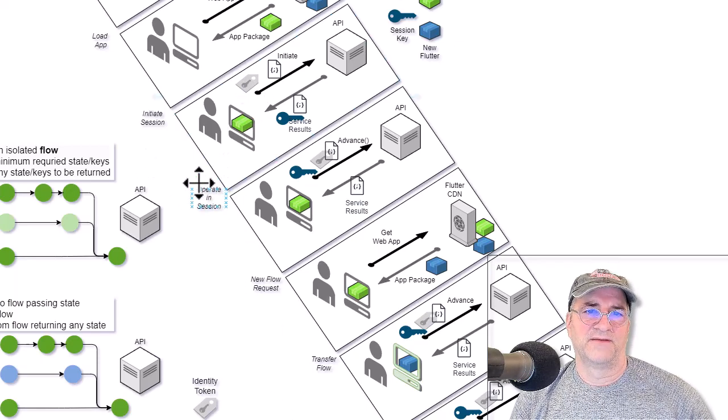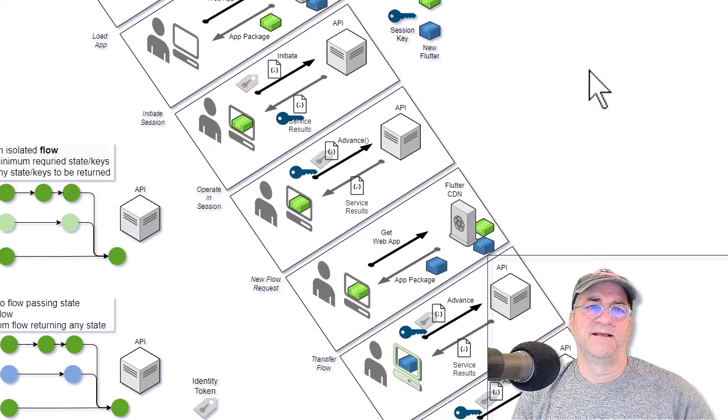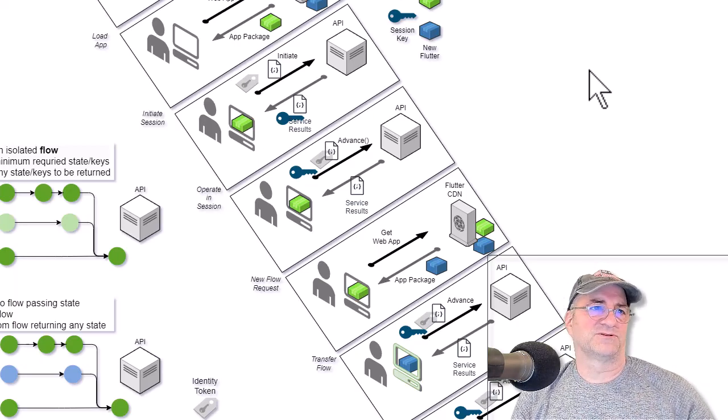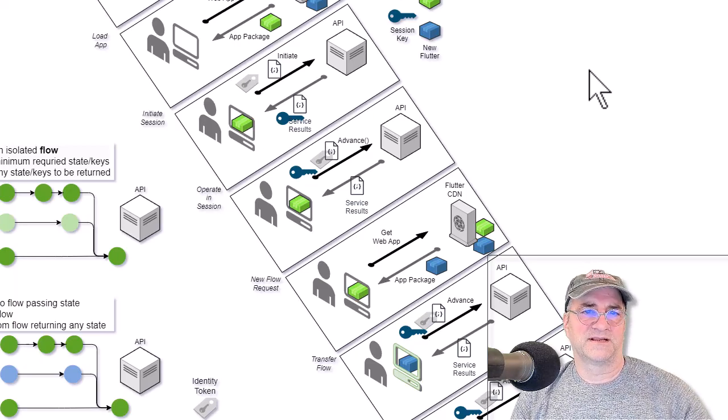And so they've downloaded the content from this static site, they've got their authentication key, and so they make some submission to the API server through the app, and that gives some service result back, along with maybe a session key, right? So they've authenticated in, they've got a security key at this point, they've downloaded the app from the content site.